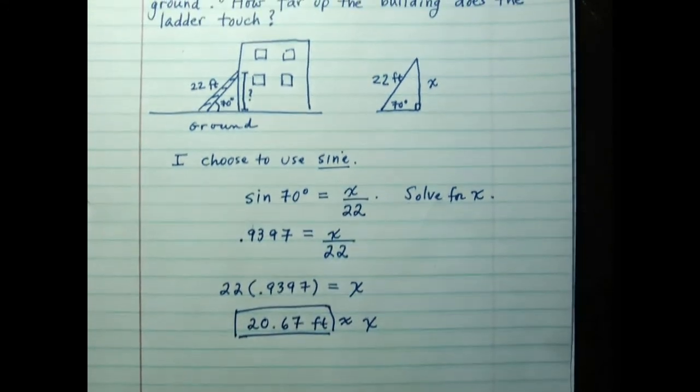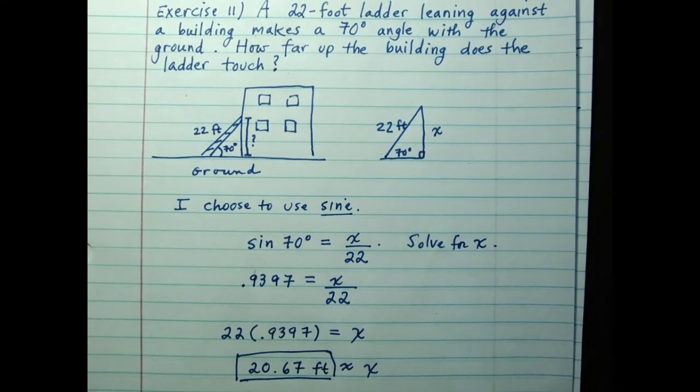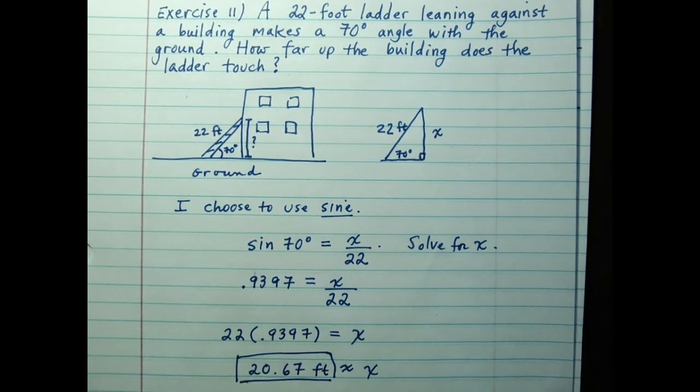I will accept answers that vary slightly from that, and I wouldn't take points off as long as you're close. Because if you round off at a slightly different point in a problem, you may be doing everything correctly, but it could make the answer look slightly different.